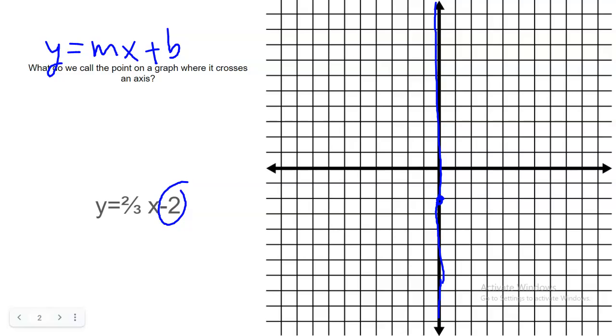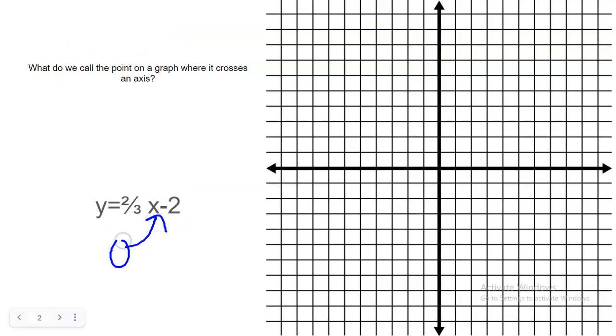And if we want, we could figure that out without looking at the graph as well, because if we say, okay, when my line crosses the y-axis, my x is going to be 0, and my y is, in this case, -2. So if I didn't know that it crosses at -2, I could say, okay, well, if I plug 0 in for x and solve for y, I can find where it crosses the y-axis.